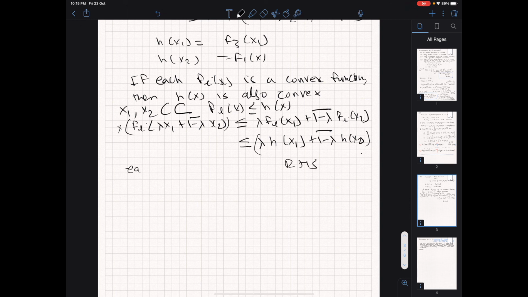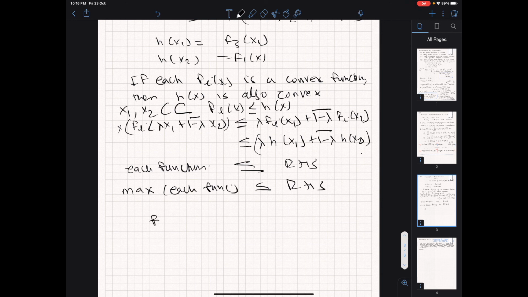So each function is less than or equal to the RHS. Therefore, if I look at the max of each of these functions, then obviously the max is one of them only. So the max is also less than or equal to the RHS. But when I say max, it is actually the definition of my h function, and so I get h of lambda x1 plus 1 minus lambda x2 is less than or equal to lambda of h of x1 plus 1 minus lambda of h of x2.